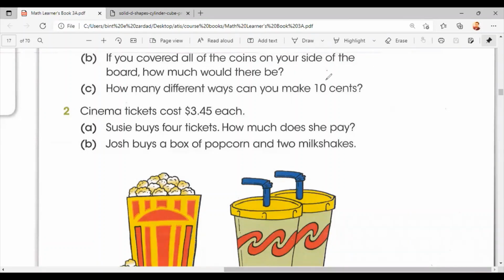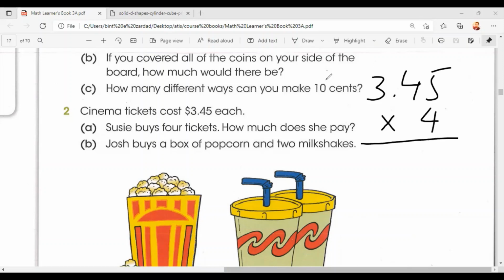3.45 multiplied by 4, because she buys 4 tickets. 5 multiply 4 is 20, 2 up carry. 4 times 4 is 16, 17, 18, 1 up carry.